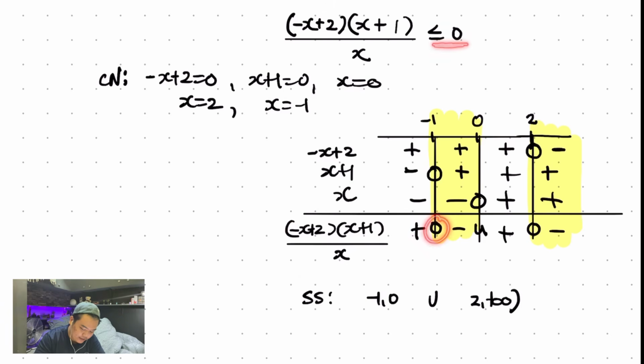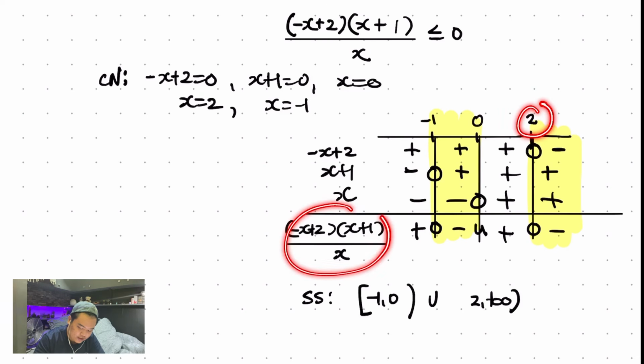So, kasali si negative 1. When x is 0, ang value ng expression mo is undefined. So, hindi kasali si 0. How about 2? When x is 2, your expression is 0. So, kasali siya. So, this is your solution set. This interval, union with this one.